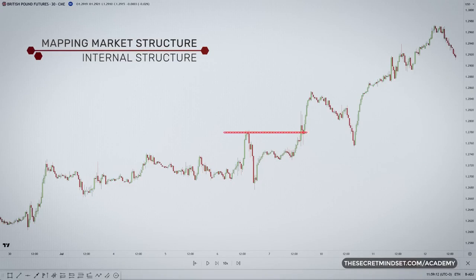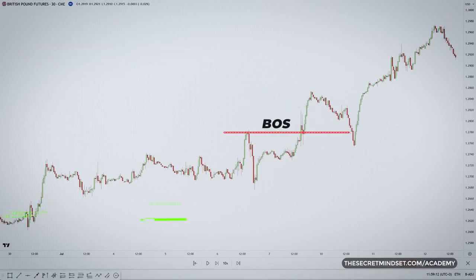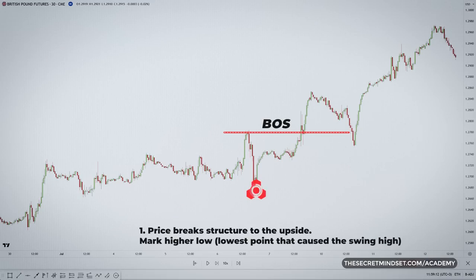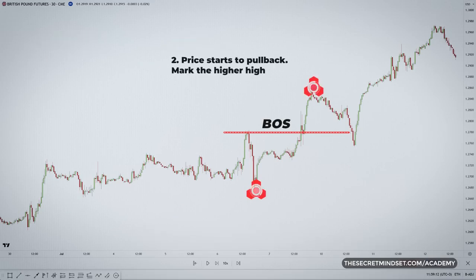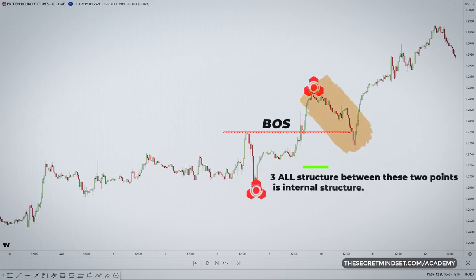So here's how you find internal structure. First, price breaks structure to the upside. You mark the higher low, the lowest point that caused the swing high. Then, as price starts to pull back, you mark the higher high. All structure between these two points is internal structure. If price breaks up, you mark the BOS to the upside.